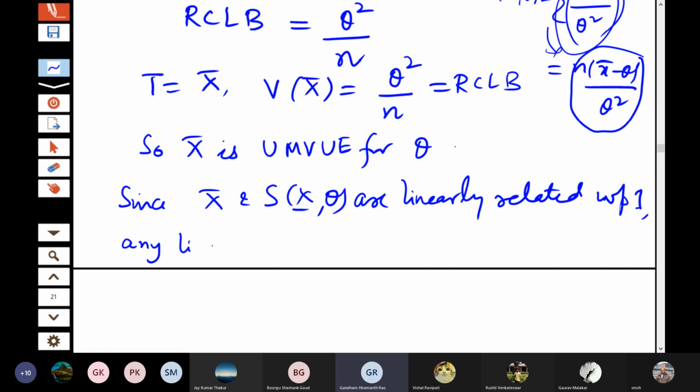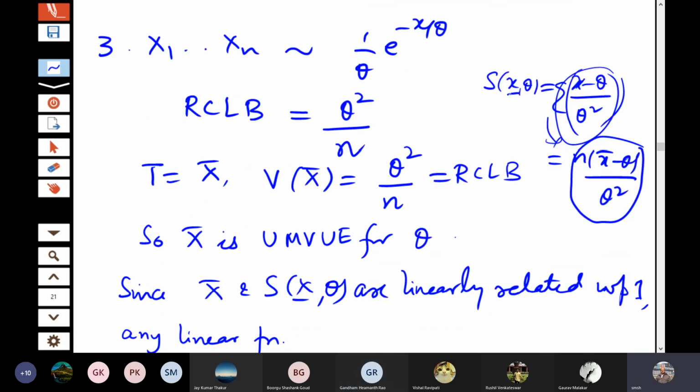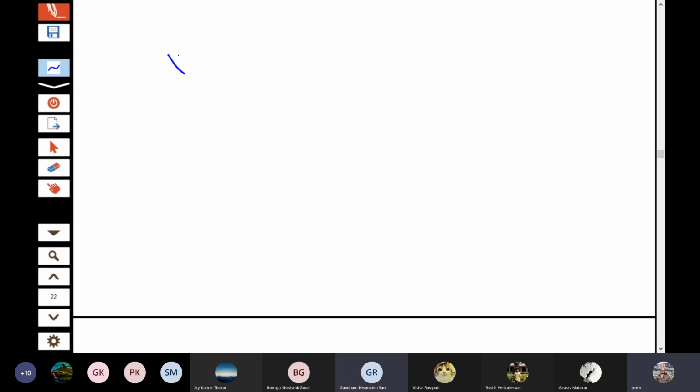Sir, I have a small doubt. How do you say that they are linearly related with probability 1? I can't understand, sir, because this is for random variables, no? Suppose I say a random variable X is equal to random variable Y. What is the meaning of this? They are realizations of a sample space.